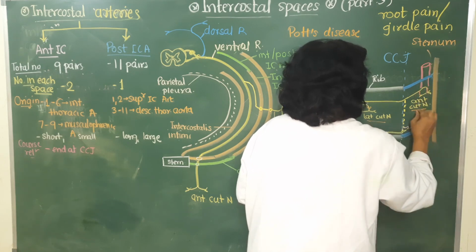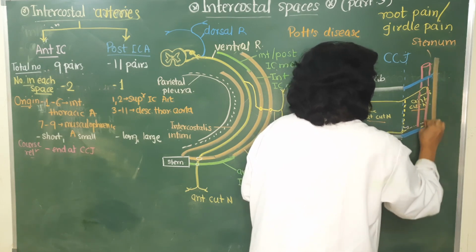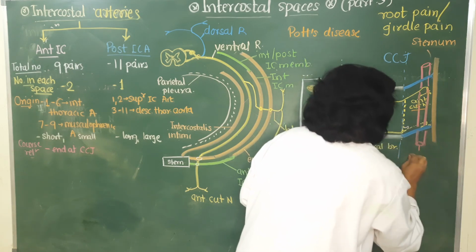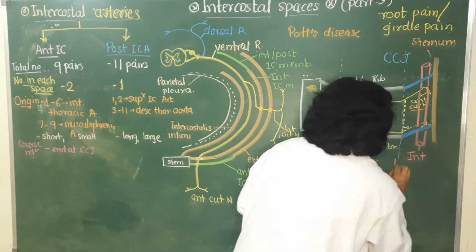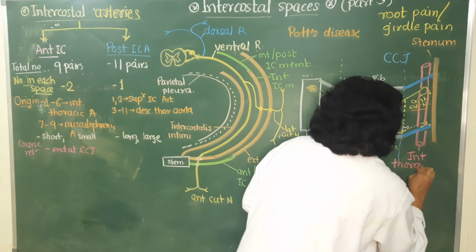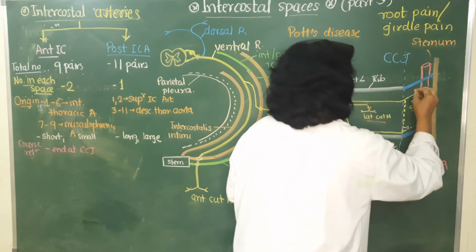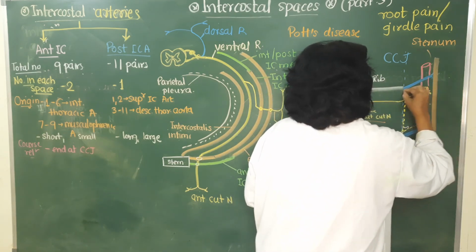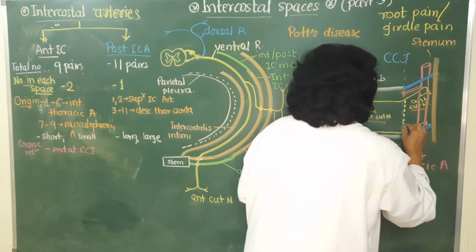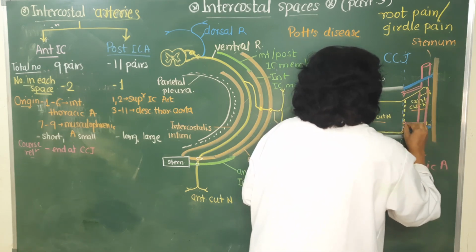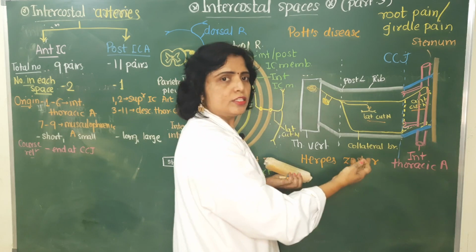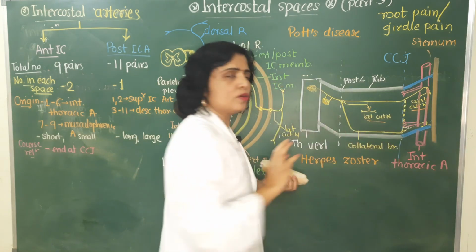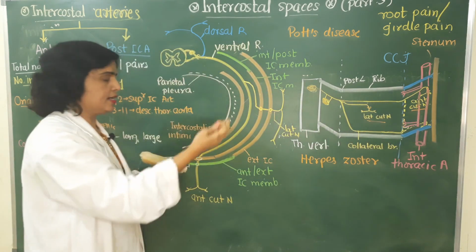This internal thoracic artery gives rise to the anterior intercostal arteries, which are 2 in number, upper and lower anterior intercostal arteries. See, they are very small and they end at the costochondral junction. How? We will see that later.